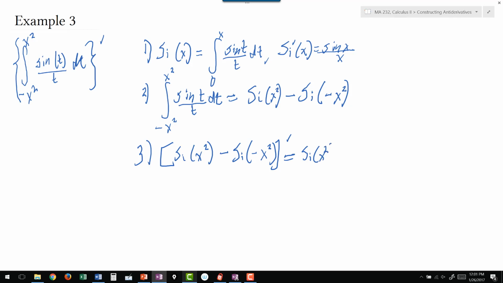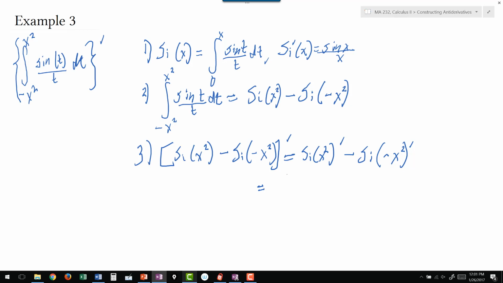I have two chain rule problems to accomplish. Now these are both very much like the previous example.